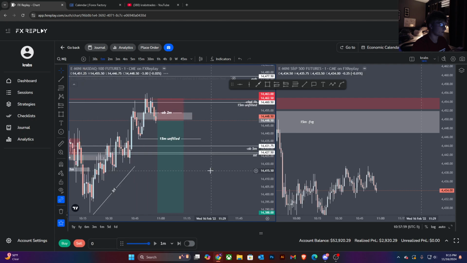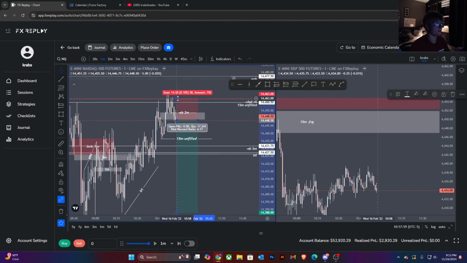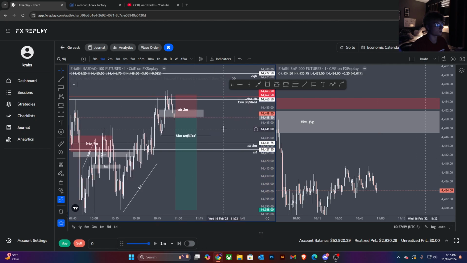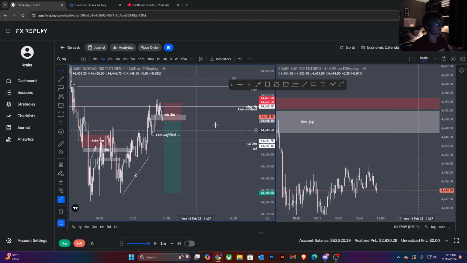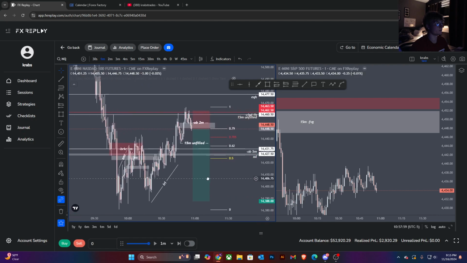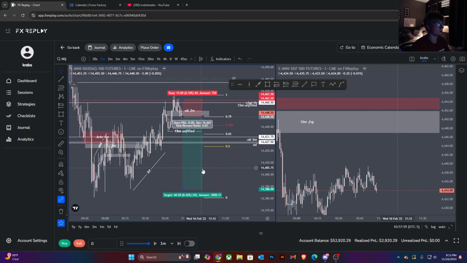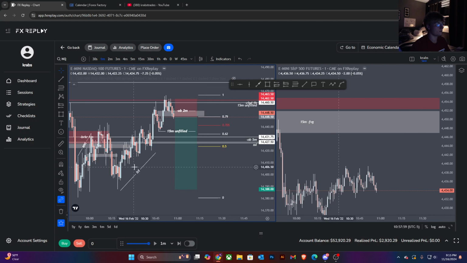Right there. So yeah, I'm gonna try this. 15 points. Should just run down towards this 15-minute fair value gap rebalance there. High up in a premium internally. LRL here looks super clean for a run lower.